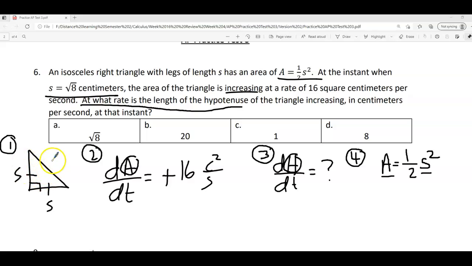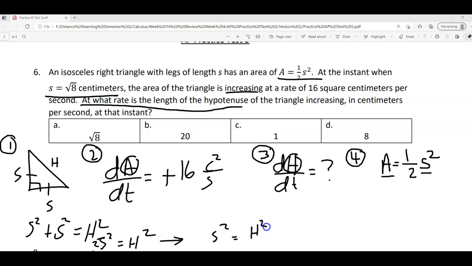Well, coming back over here, here's my hypotenuse, right? There's my h. I know that s squared plus s squared equals h squared, which means that 2s squared is equal to h squared, which means that s squared is equal to h squared over 2, if you just divide both sides by 2.